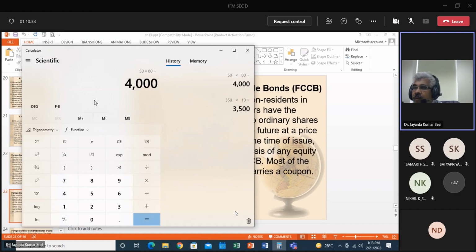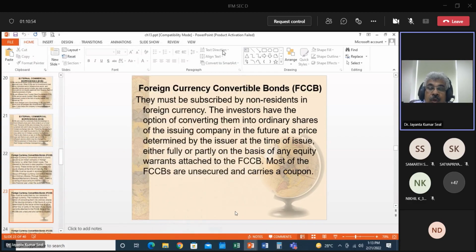At the time of repayment, you don't actually repay. Instead, you give them shares, and how many shares you'll be giving is determined today. So one way to manage the exchange rate risk is to issue foreign currency convertible bonds. But there are certain examples, which I will show you, of companies which defaulted where the price was less. So naturally the investors did not go for conversion.